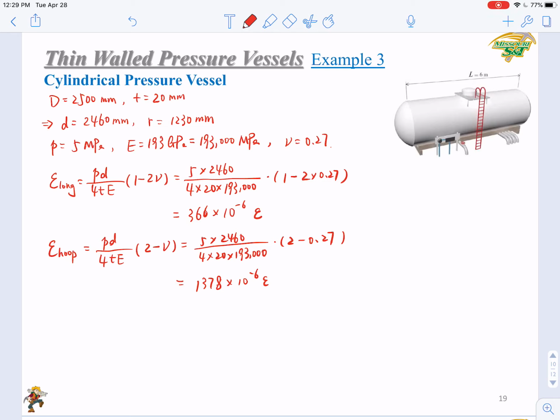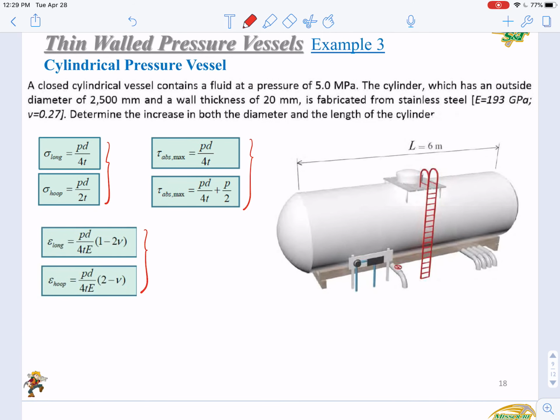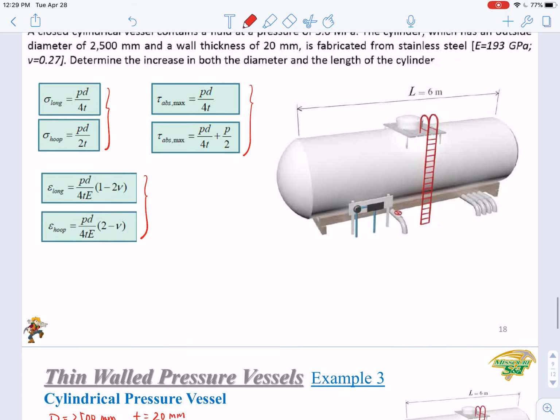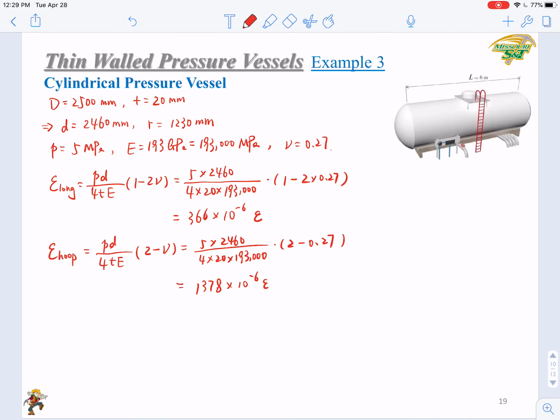Then we can calculate the deformations. Now this is the deformation. Examine the increase in both of the diameter and the length of the cylinder. Let's look at the length direction first. So the delta along the longitudinal direction will be just epsilon longitudinal times the length.